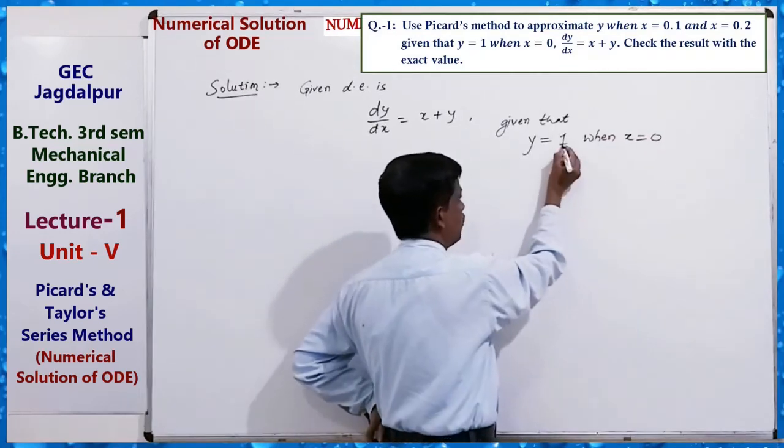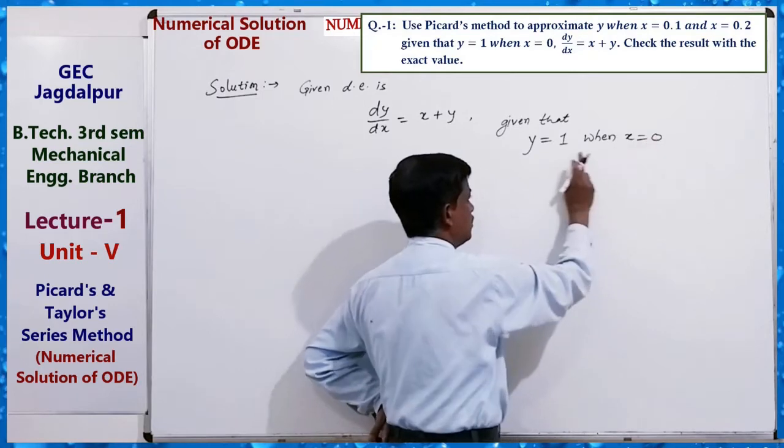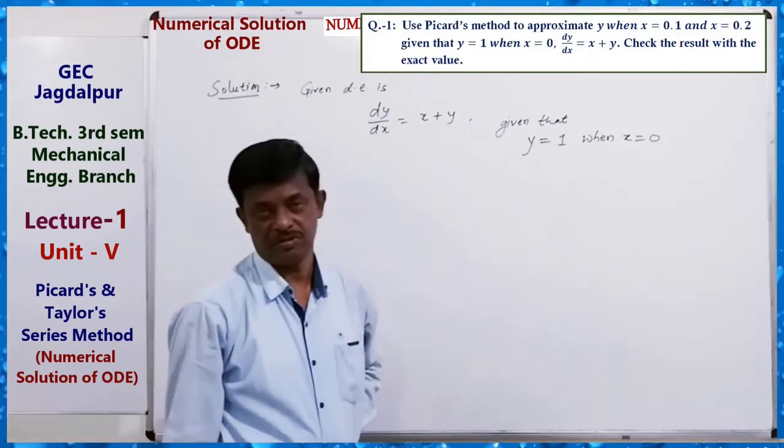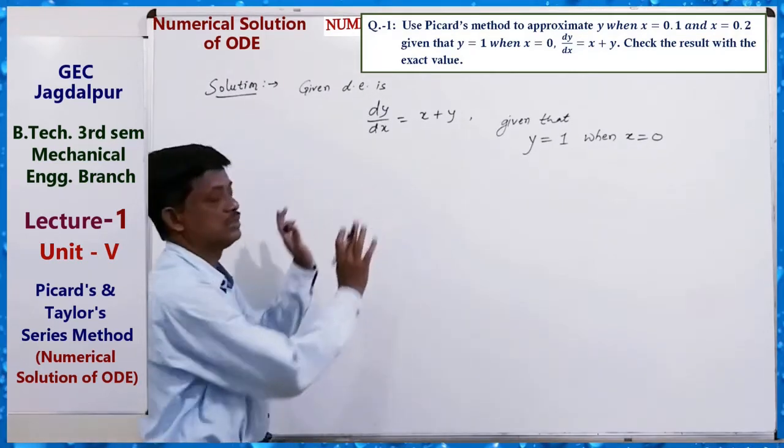That is, this is y0 and this is x0. So this is the given differential equation.